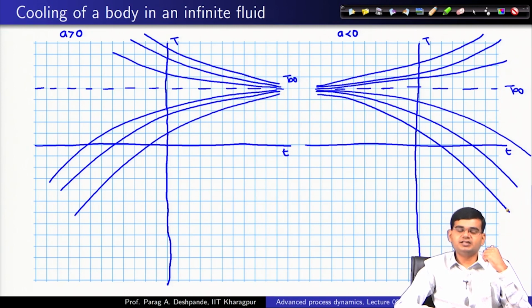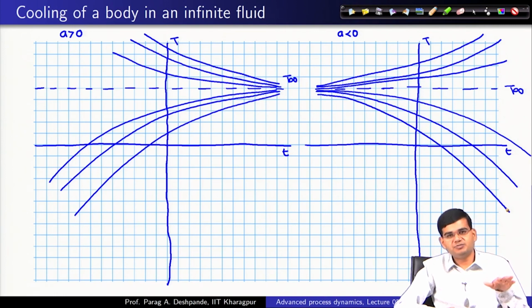Whereas, for a greater than 0, remember your model equation already had a negative sign in front of it. So, the general theory remains the same, that for an equation of the form dx by dt is equal to a x, for a greater than 0 your system is unstable or divergent, for a less than 0 your system is convergent or stable. Since in this particular case your model equation already had a negative sign in front of it, for a greater than 0 you see a convergent system, the solutions converge to the T infinity situation.